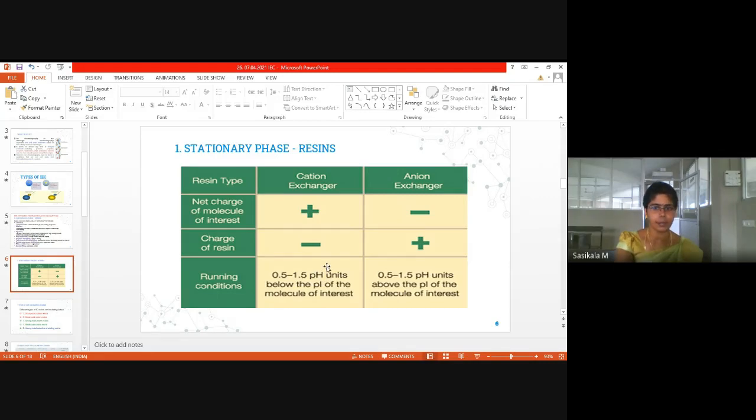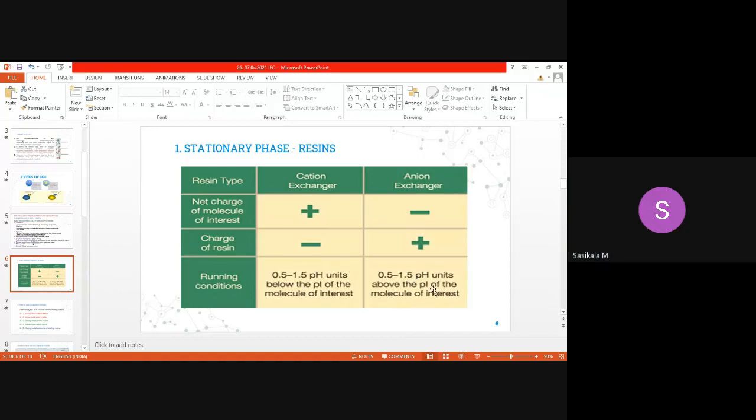For example, if the sample is carrying net charge at pH 7, below 1.5 or 1 pH means around 6 or 5 pH we have to choose, and this pH 5 represents acidic pH and it is opted for cation exchange chromatography. Where for anion exchange chromatography, we have to choose more than PI value, that is 1 unit more from PI value.